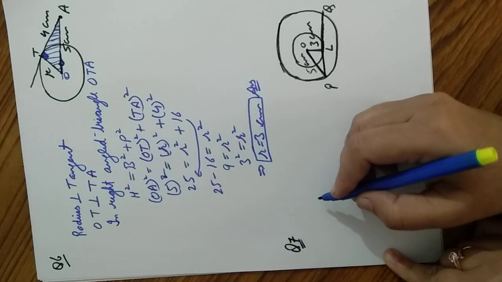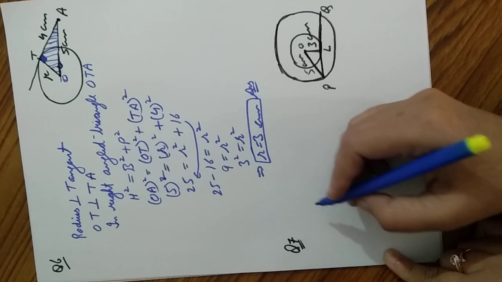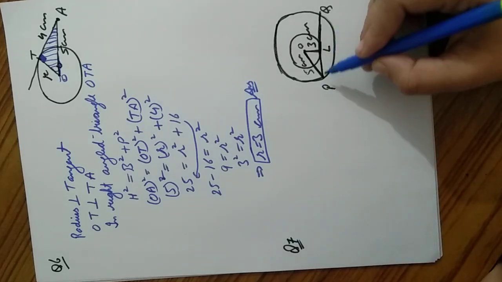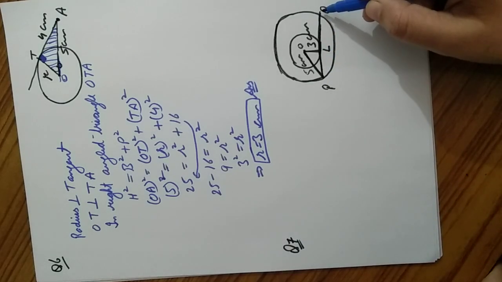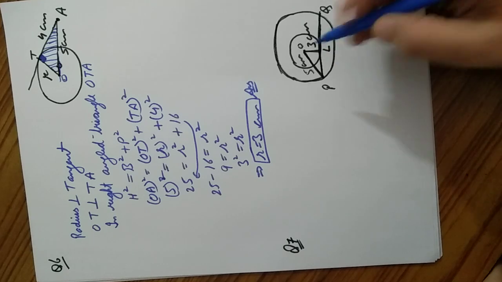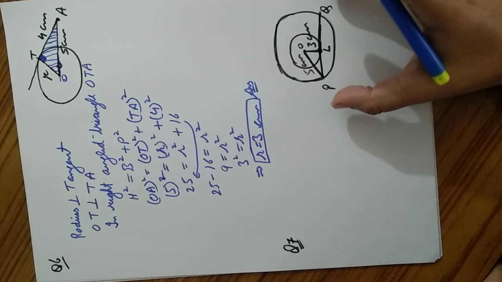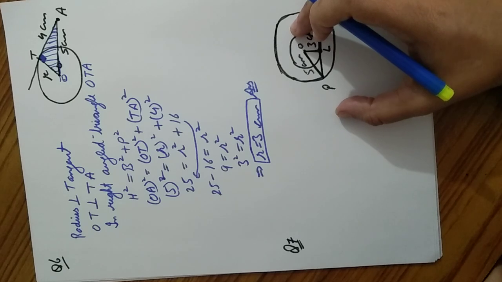First of all, PQ is the chord of the larger circle, and you can see that it is touching the smaller circle at point L, it means that it will become the tangent of the smaller circle.